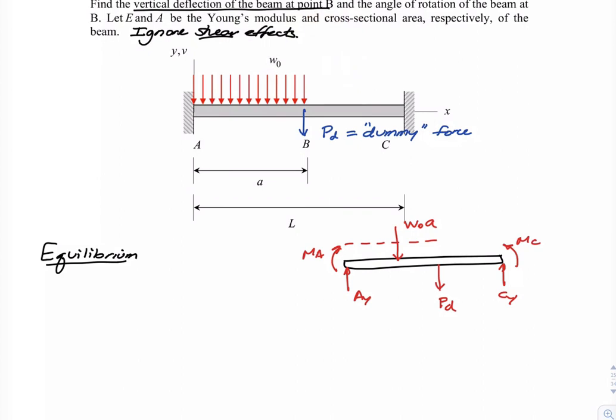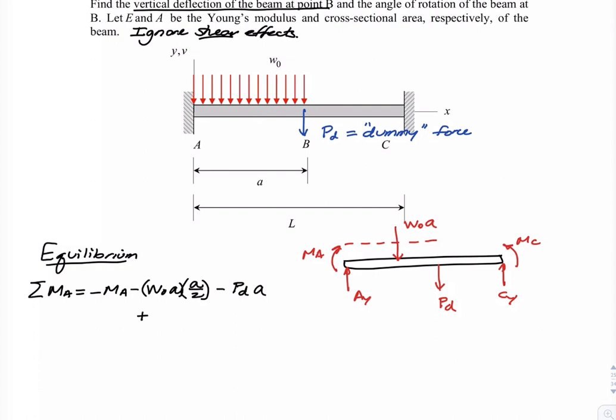For equilibrium, I will do a moment equation about A. I have the wall bending moment MA. I have the line load W naught A with the moment arm of A over 2 with a negative sign. I've got PD with the moment arm of A, it's a negative sign.